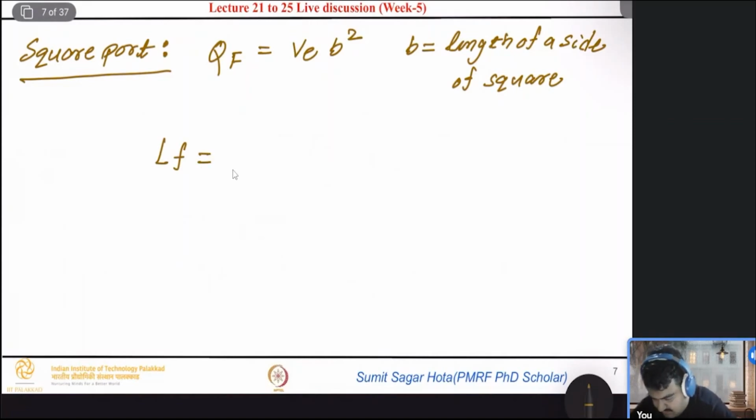Now the laminar flame length, we know the formula, is 1045 into QF, T infinity by TF.